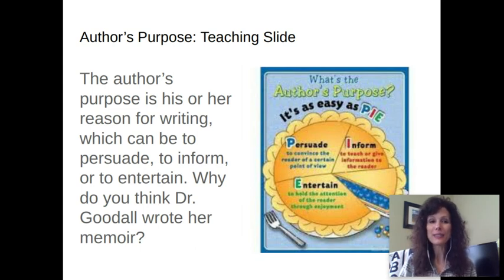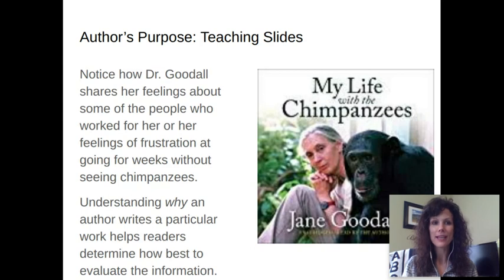The author's purpose is his or her reason for writing, which can be to persuade, to inform, or to entertain. So why do you think Dr. Goodall wrote her memoir? What was her purpose? Notice how Dr. Goodall shares her feelings a lot in this memoir about some of the people who worked for her, or her feelings of frustration at going for weeks without ever seeing the chimpanzees.